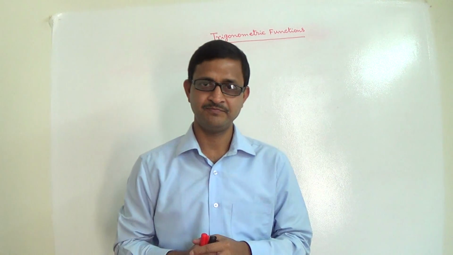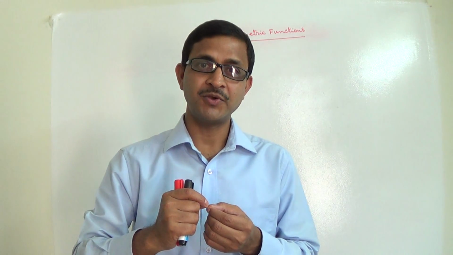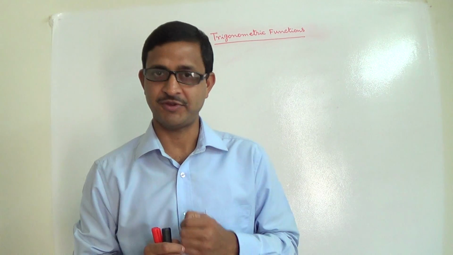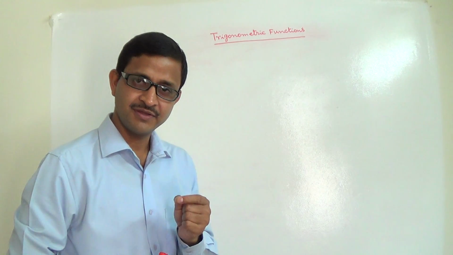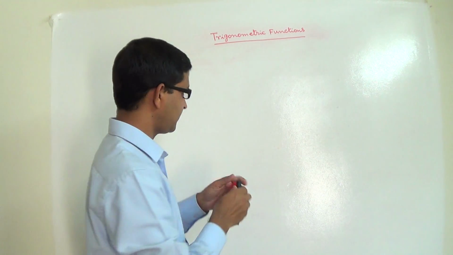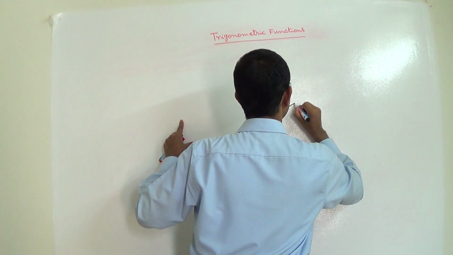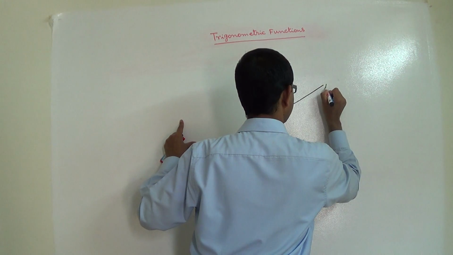What is an angle? An angle is the rotation of a ray with respect to an initial point. If you think about a ray, it is in the form of a straight line. Let's consider this is the initial point of a ray, OA.